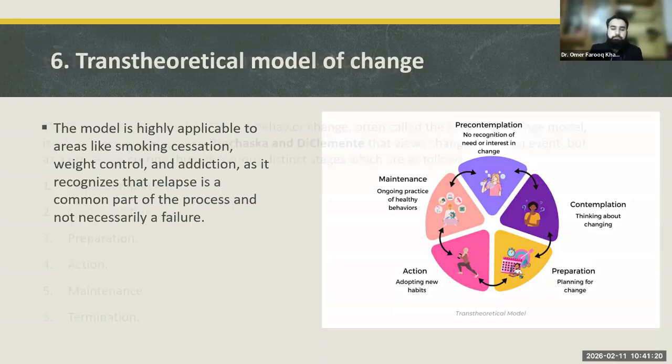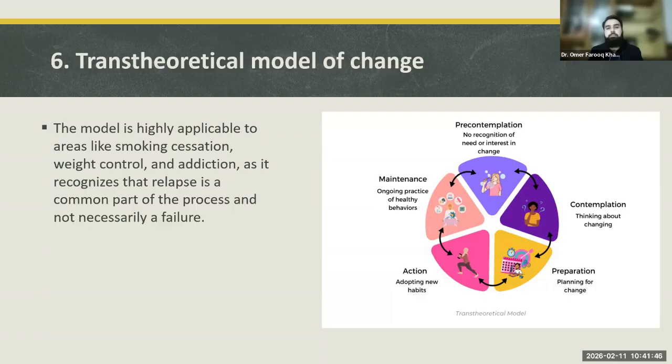But what happens in the preparation phase is that they start to think about action. They start thinking, okay, I should stop smoking altogether, or at least I should reduce the number of cigarettes that I take. So what do they do? They halve their cigarettes, or they even quarter their cigarettes.